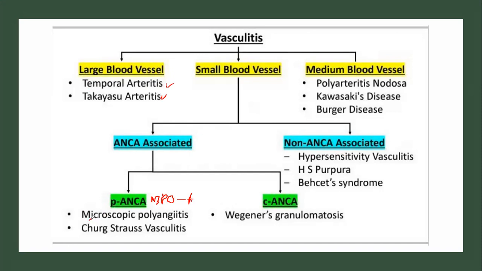Under p-ANCA, it is microscopic polyangiitis and the Churg-Strauss vasculitis. Under c-ANCA, it is Wegener granulomatosis, which is now known as granulomatosis with polyangiitis. Under non-ANCA, we have hypersensitivity vasculitis, okay? The Henoch-Schönlein purpura, that is, then they have Behçet's syndrome.